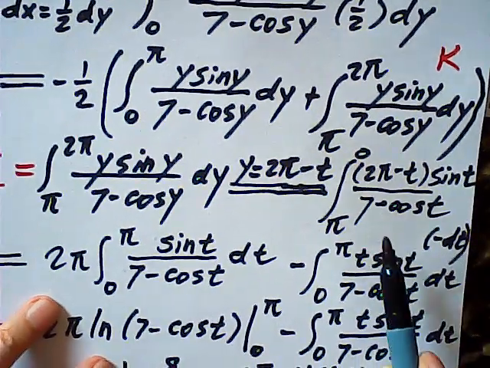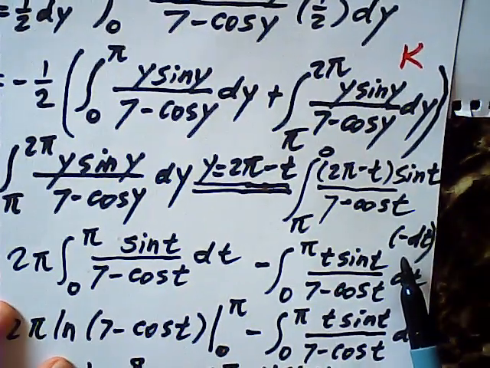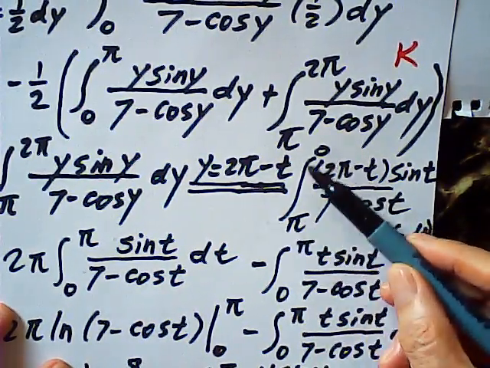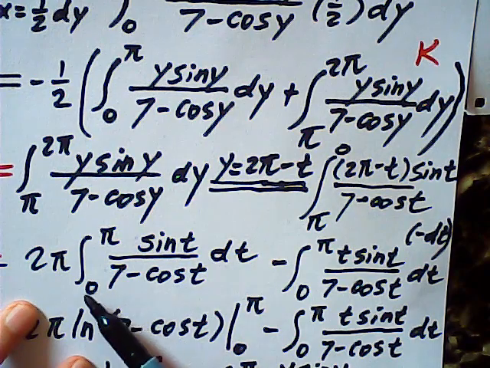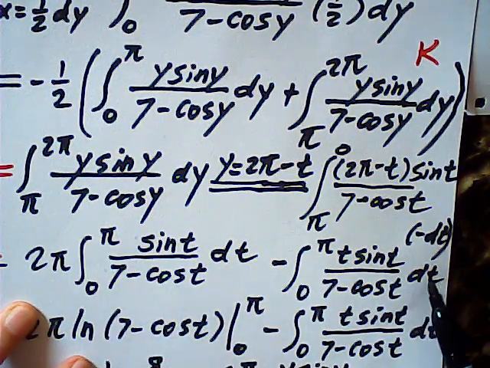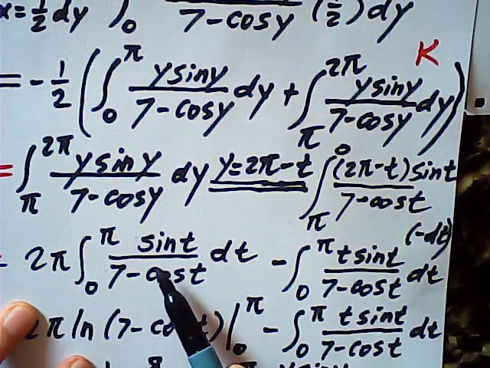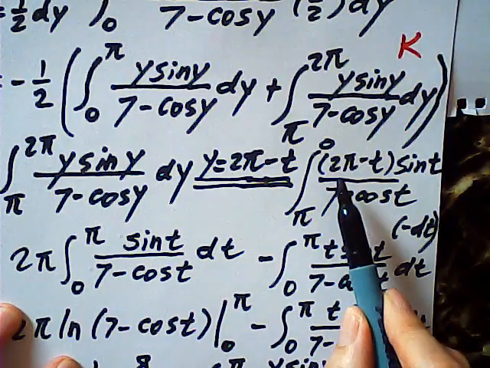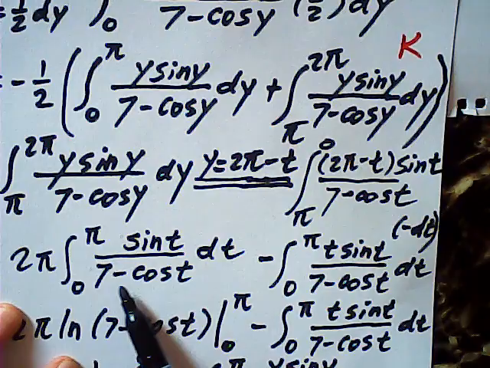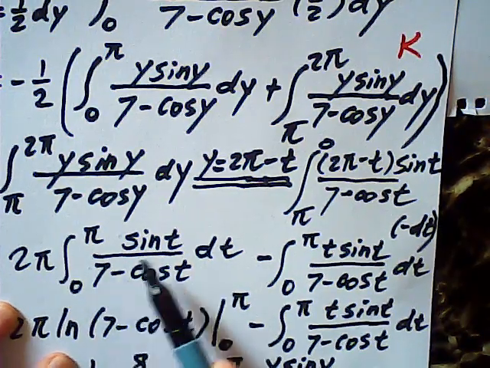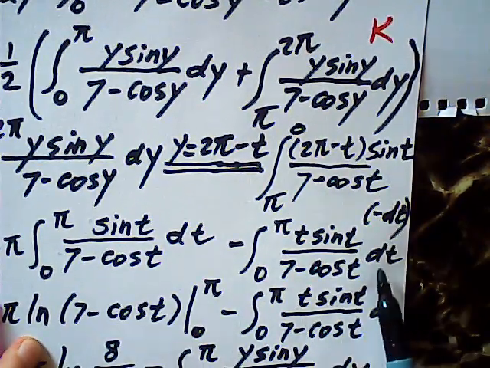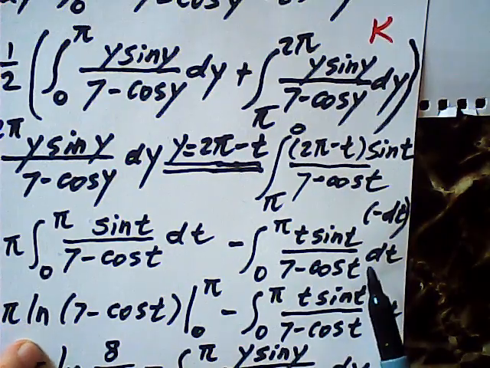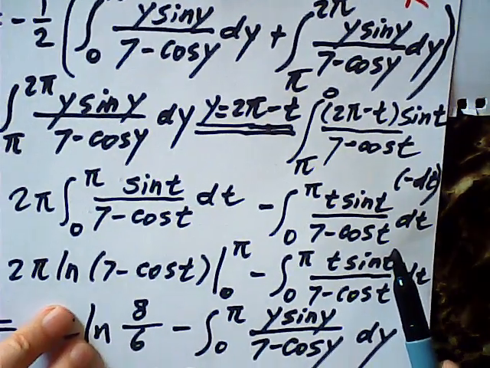Then I use this negative to switch the boundary to 0 to pi. So the negative is gone, and it becomes two integrals. One is 2 pi times sine, which is this one. The other one is t times sine, this one.